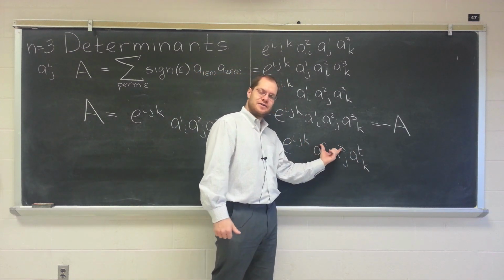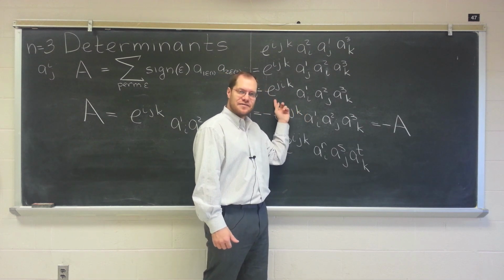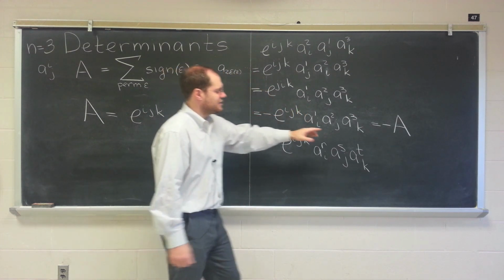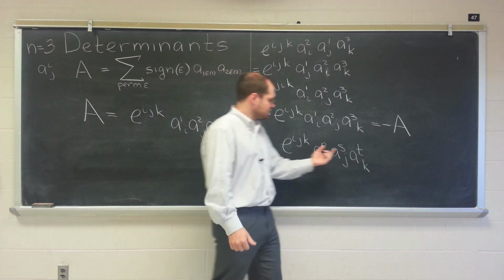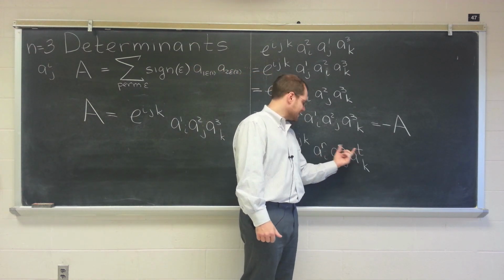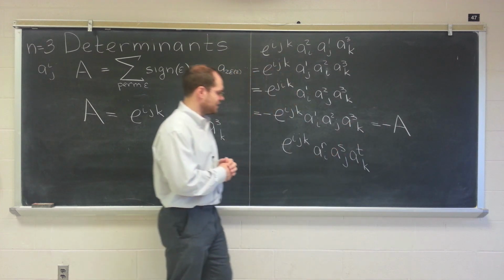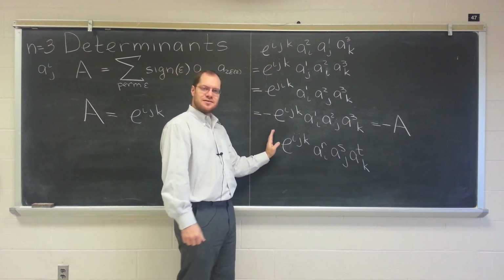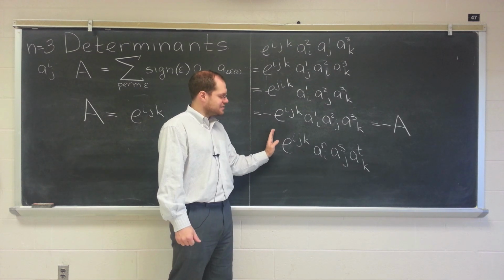Because switching the values of R and S results in the negative of the original value, which we showed right here. And similarly, we could show that switching S and T, and of course R and T, would result in changing the sign of the overall value. So this new system is fully skew-symmetric in R, S, and T.